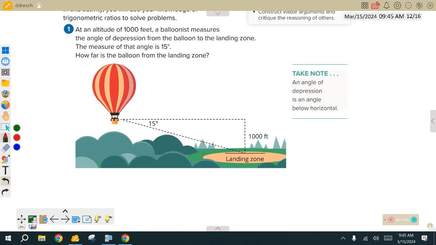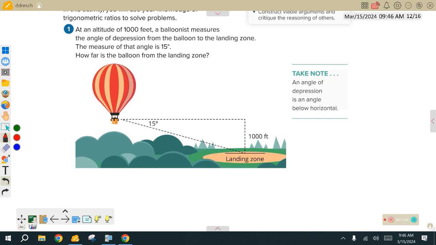All right, let's go here. Where's the variable going? Let's read through this on this hot air balloon. As a hot air balloon comes in, a lot of times it will come in at an angle. They're talking about the angle of depression.